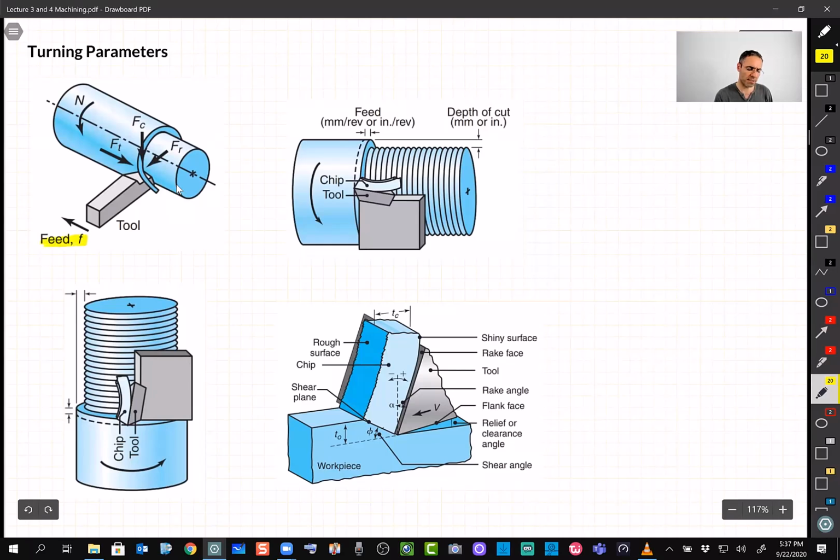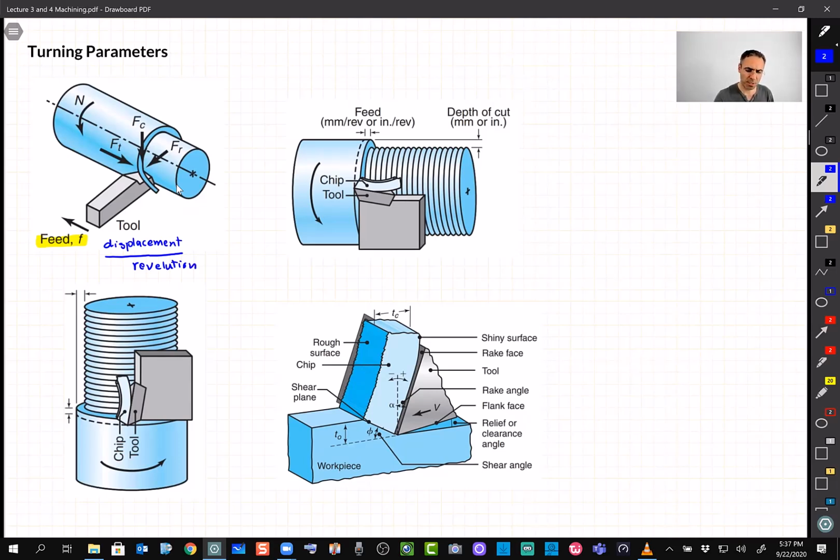The feed, we show it by F. Keep in mind that what we call feed is the displacement per revolution, so it's not the linear speed. The unit is then millimeter per revolution or inch per revolution.